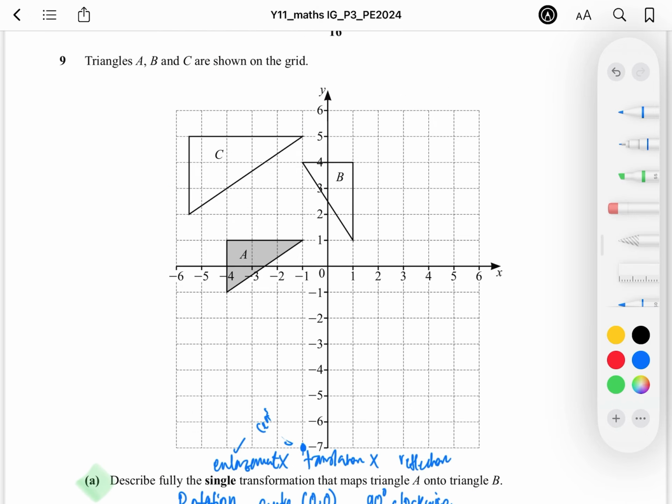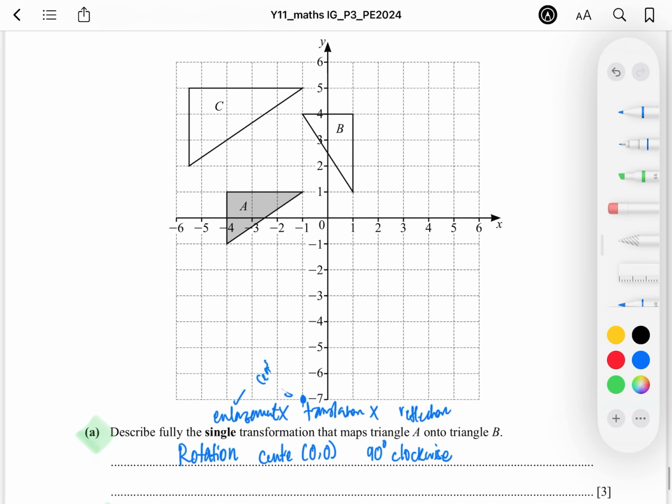We'll start with the first point here. 1, 2, 3, 4, 5, 6, and then 1, 2, 3, 4.